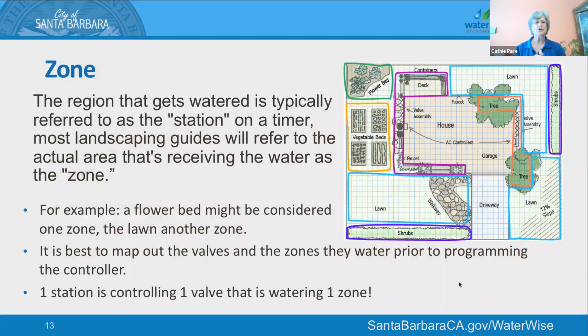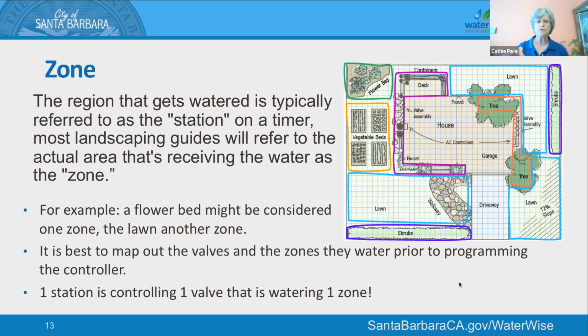If you're talking about a zone, that's the region that's actually getting water when the irrigation controller turns on a specific station. So for example, a flower bed might be considered one zone. The lawn might be considered zone 2 or a different zone. Strong advice: you don't have to draw as pretty a picture as this one, but I really recommend you draw a little picture of your house and the areas where each of your zones are.